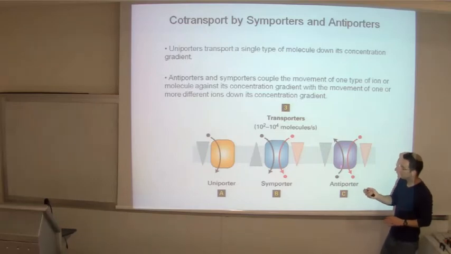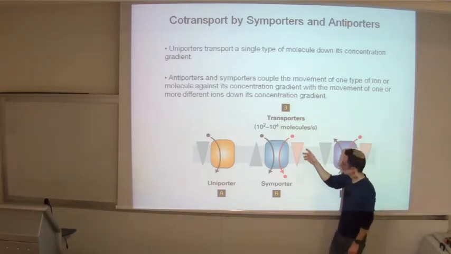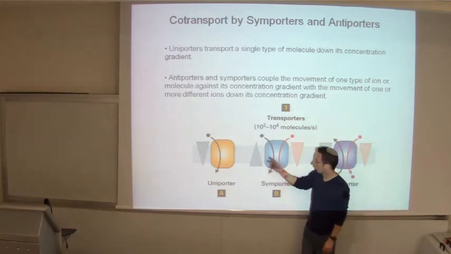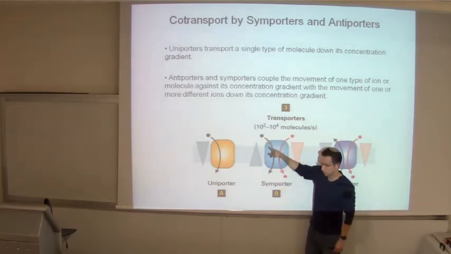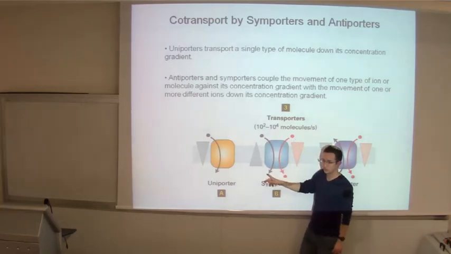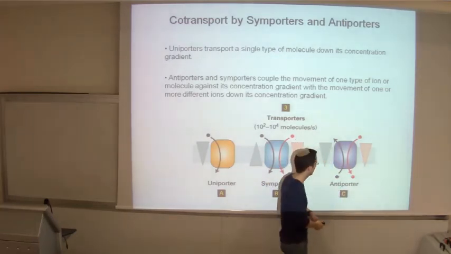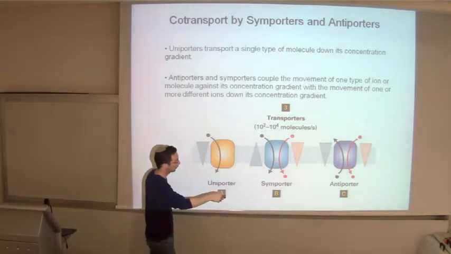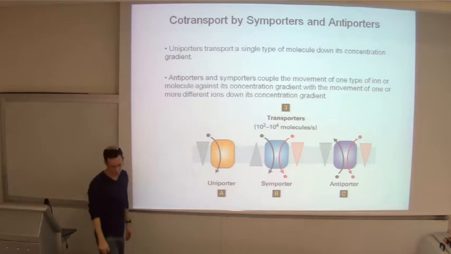But in both of these cases, each time 1 ion is transported down its concentration gradient, the red in this case, while the other one is transported against its concentration gradient. So this energy is coupled to this process. It's used to move this process, and again the same thing happens here, only this time the concentration gradients are in a similar direction.